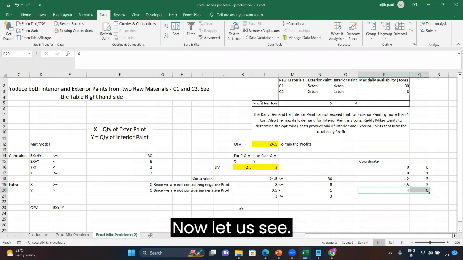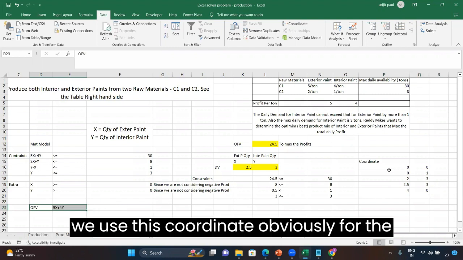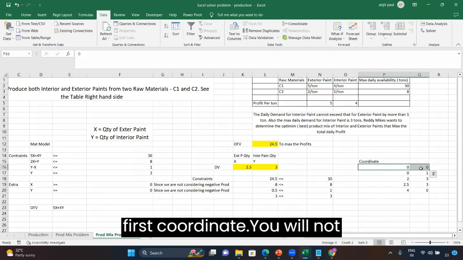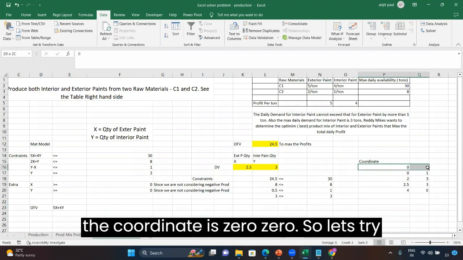Now let us see. This is our profit formula, or the OFB formula. If we use the first coordinate, obviously you will not get any result, because the value of the coordinate is 0, 0.